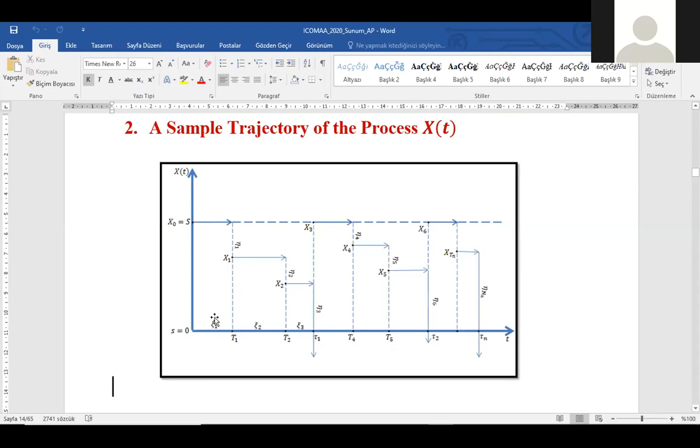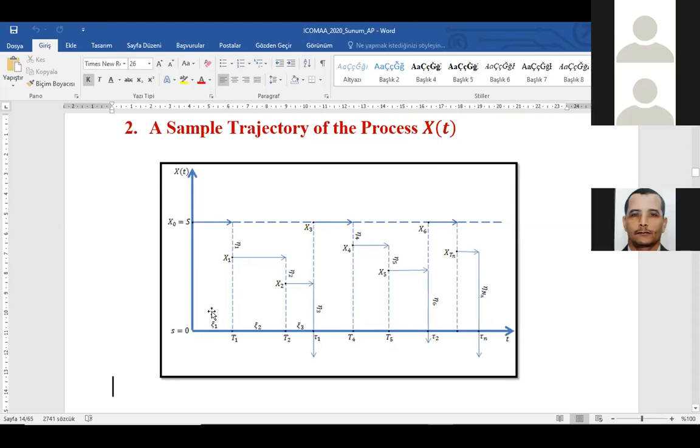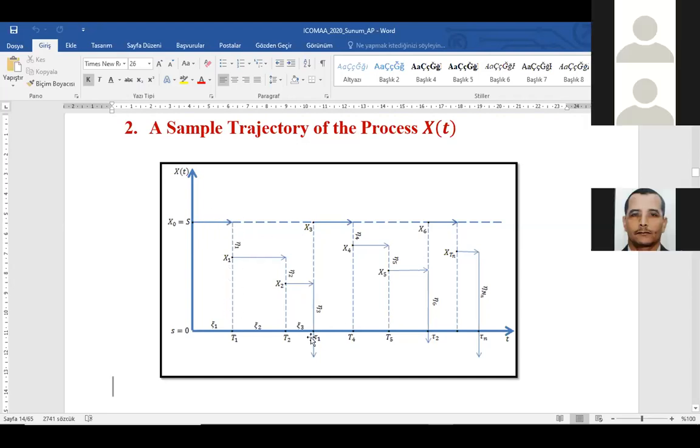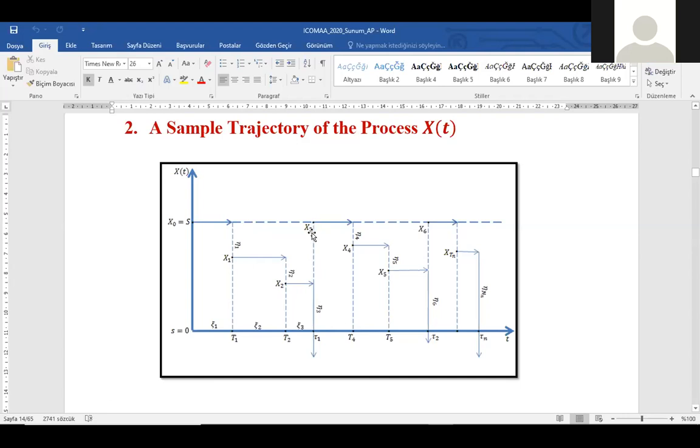Xi is the inter-arrival time. Eta is the amount of demand. Our process continues until tau one. When we reach tau one, our process reaches the S level and continues as in the second part.